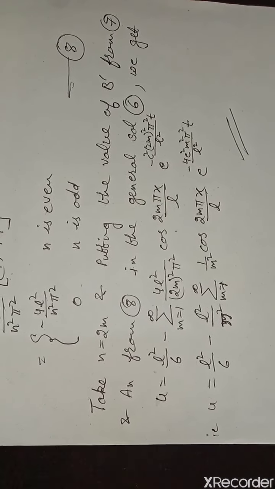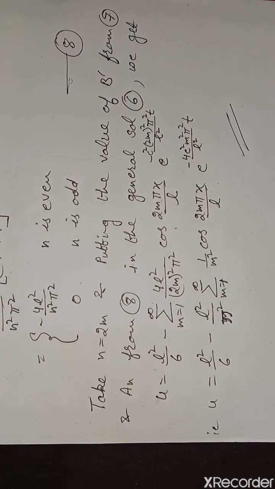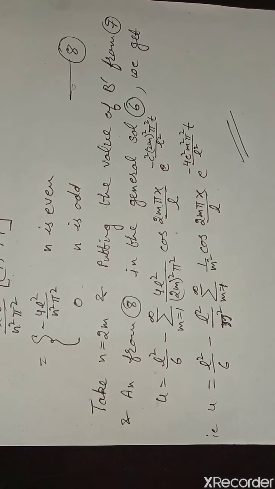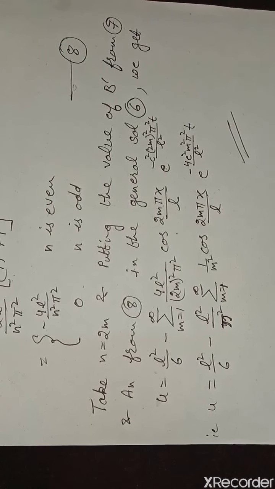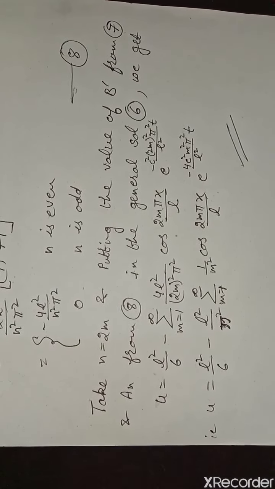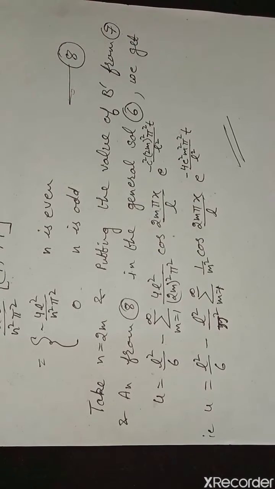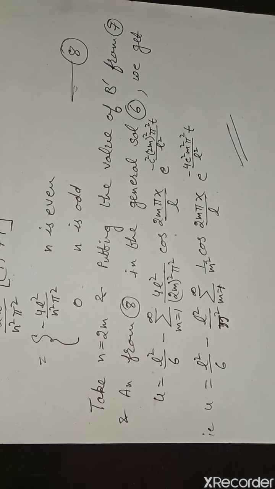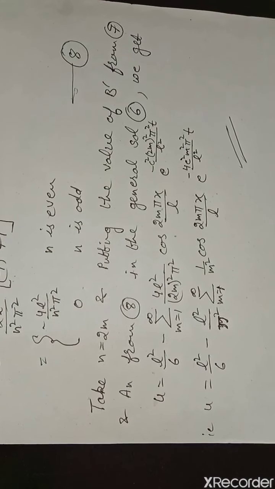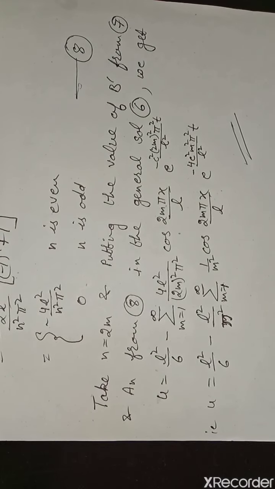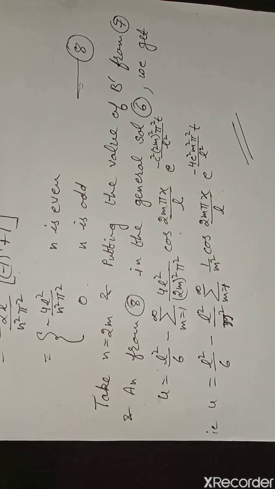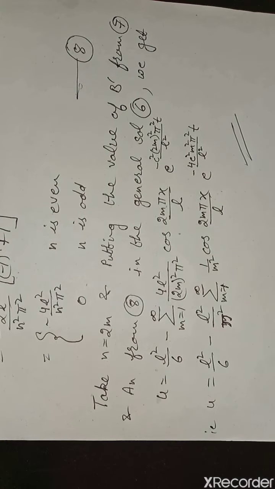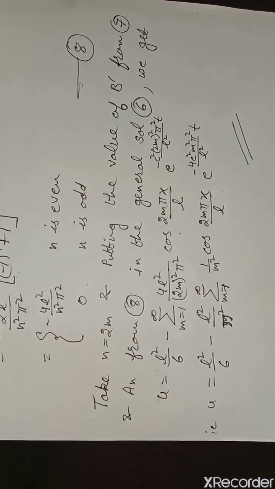One thing to be noted here, because this is the first problem which I have taken for the heat equation, I have discussed all the 3 cases with you. But whenever you have a problem, you can avoid the second case, because the solution which we obtained from the second case is not considerable.